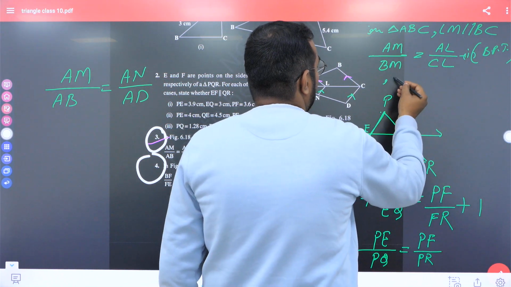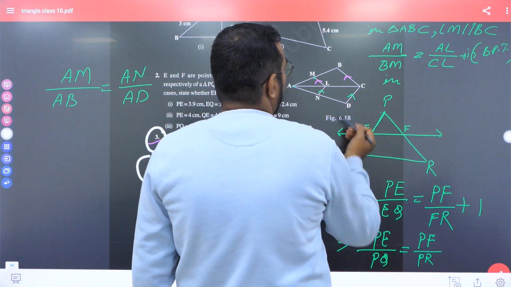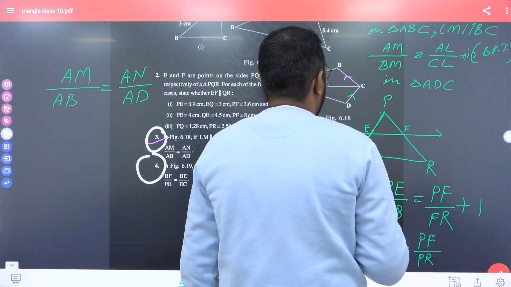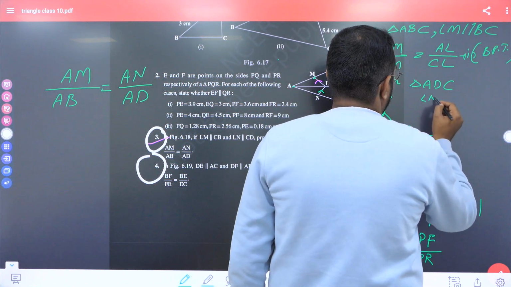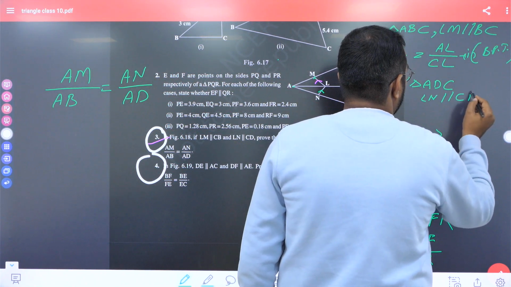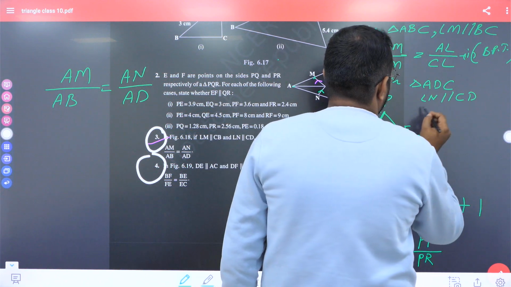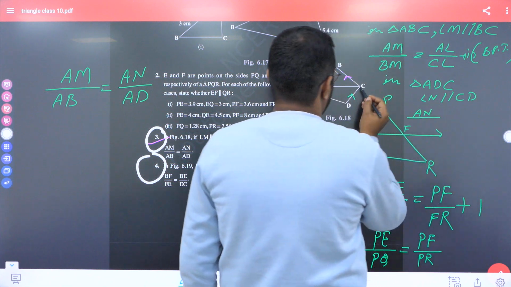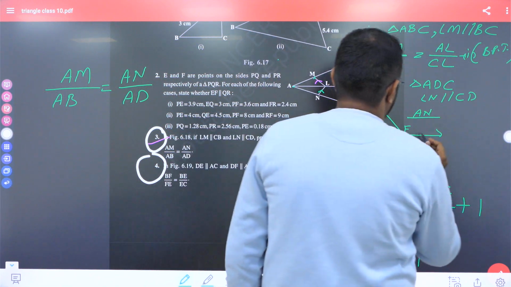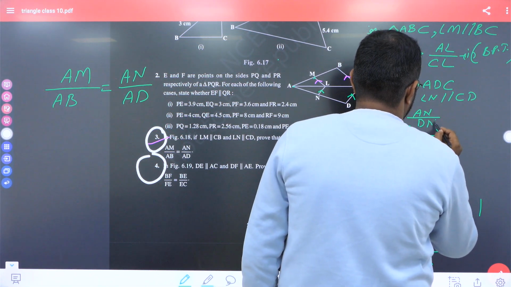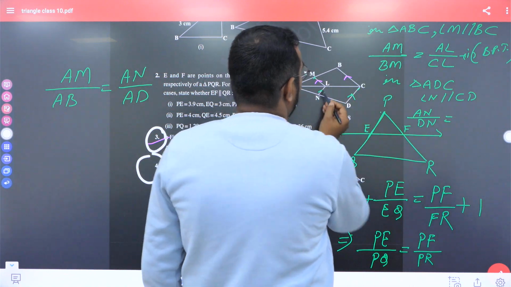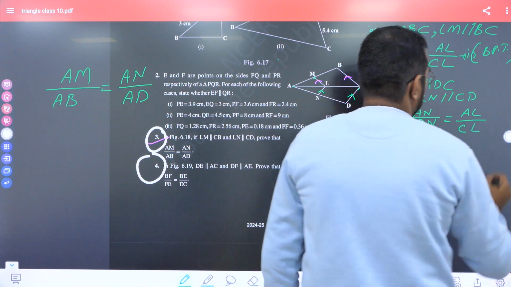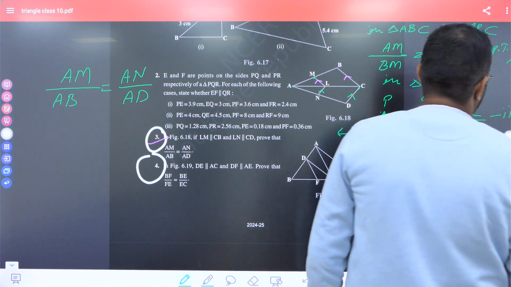Now in triangle ADC, LN is parallel to CD. So we can write AN upon DN is equal to AL upon CL. Make this one second.